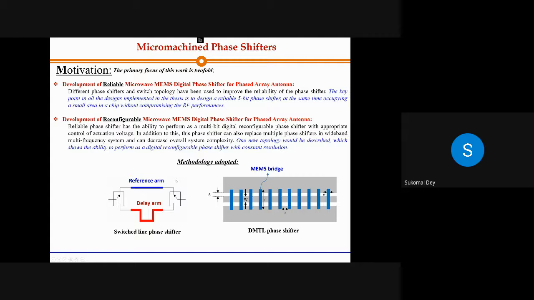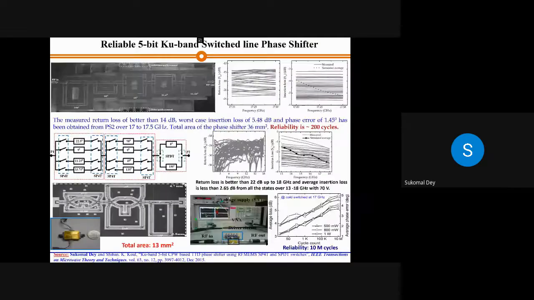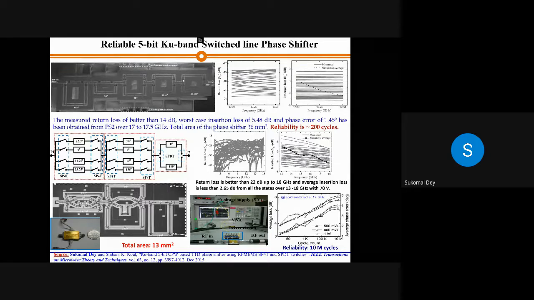Now, the topology that is being targeted initially is the 5-bit phase shifter. As I said, it starts from 11.25, and the topology being used here is the switched line topology, where you have an SPDT switch. You can clearly see some black spots if you look very closely.